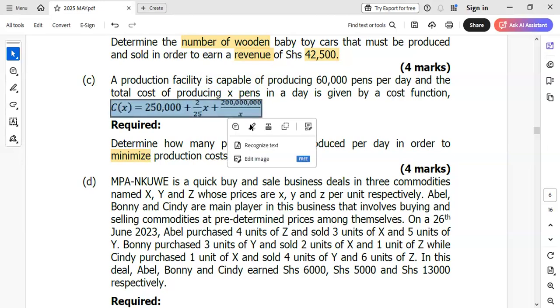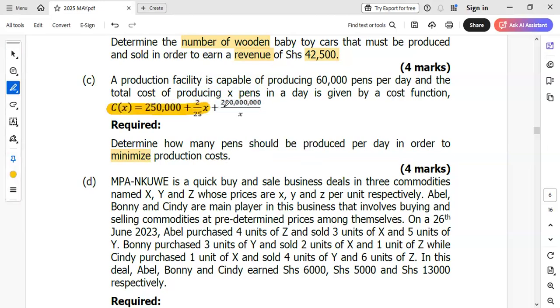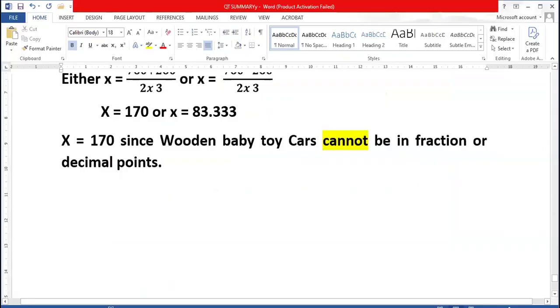So you have a function. This is your function. This is the cost function. Very easy. So this is part C. We have the cost function.